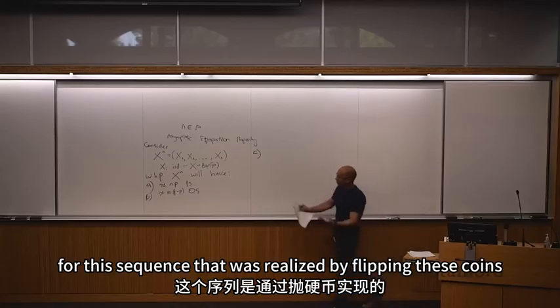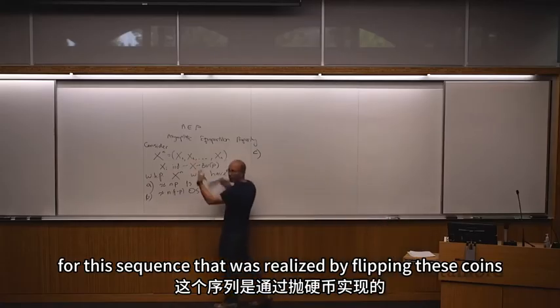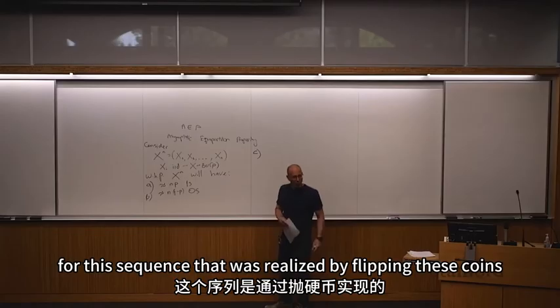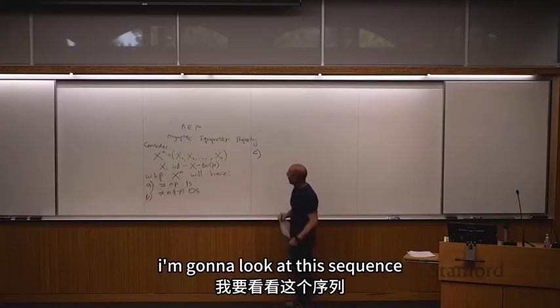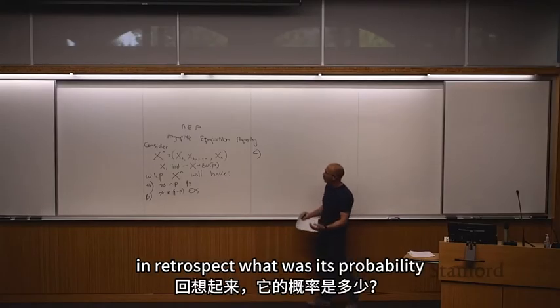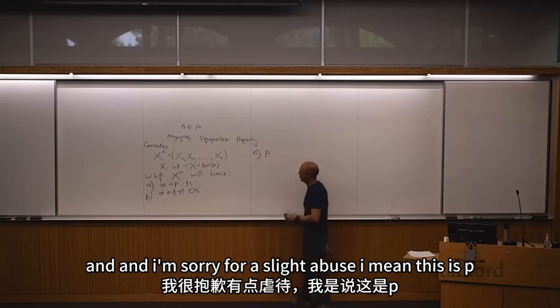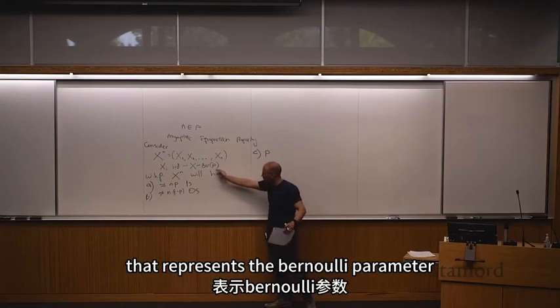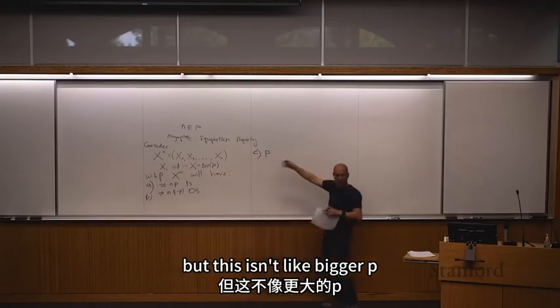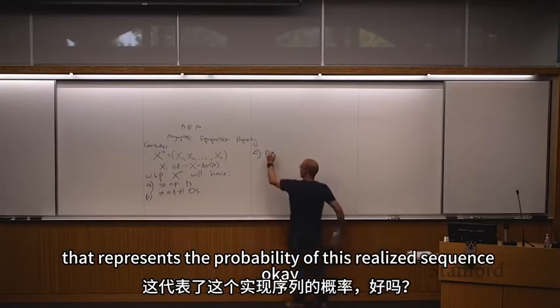for this sequence that was realized by flipping these coins, I'm going to look at it and ask, in retrospect, what was its probability? Sorry for the slight abuse: this small p represents the Bernoulli parameter, but this bigger P represents the probability of this realized sequence.